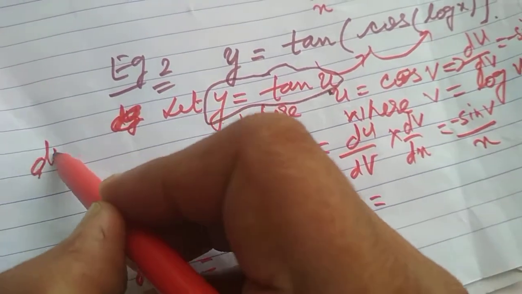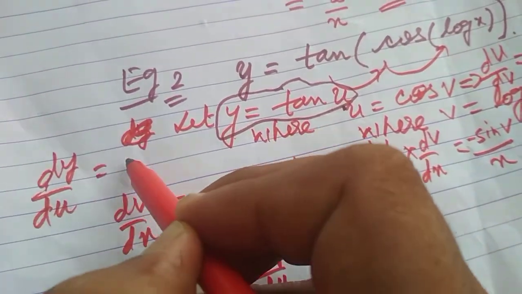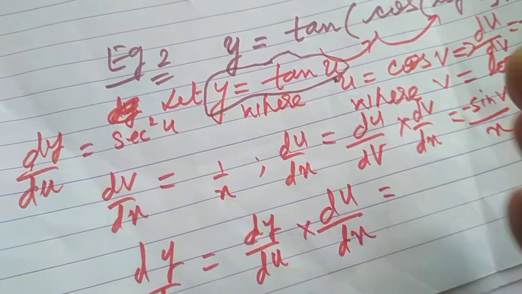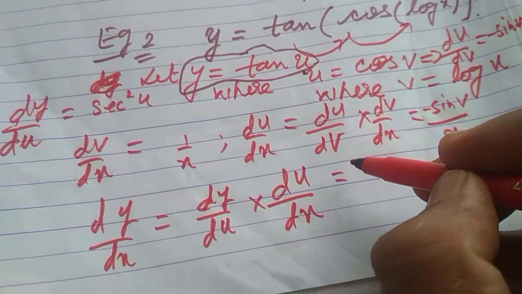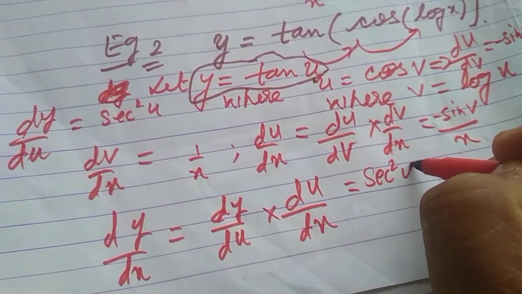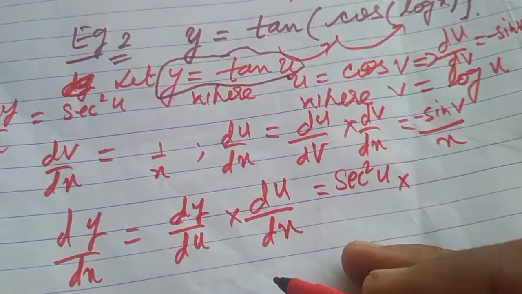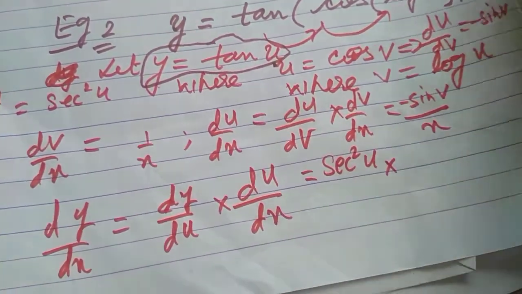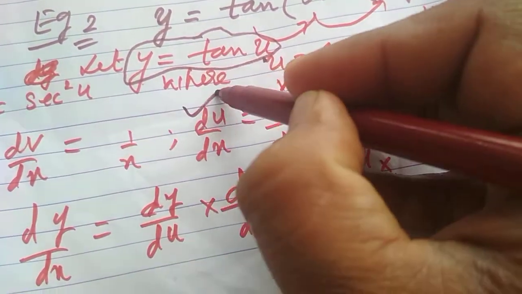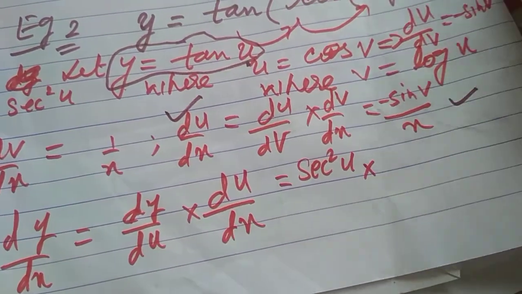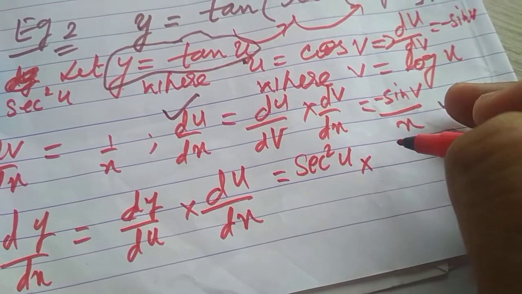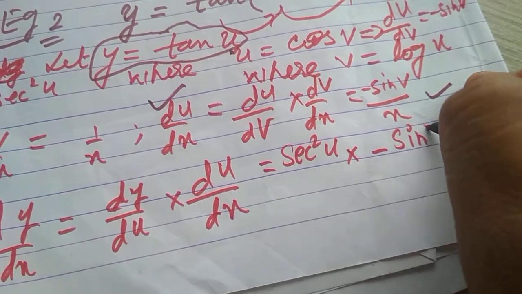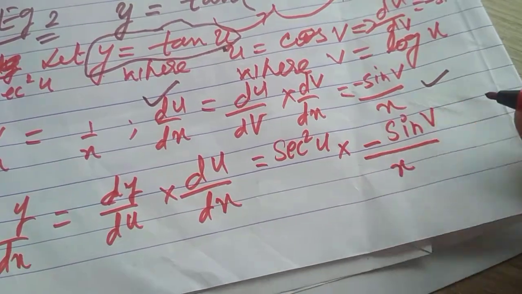Then dy by du is sec square u. So I will write it here as sec square u multiplied by du by dx. What is the value of du by dx? Just now we have found it is minus sine v upon x. So it is minus sine v divided by x.